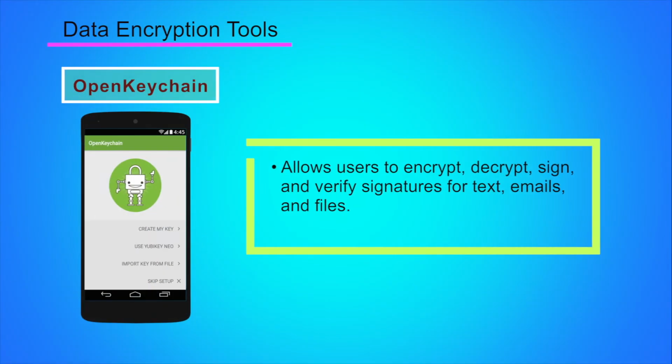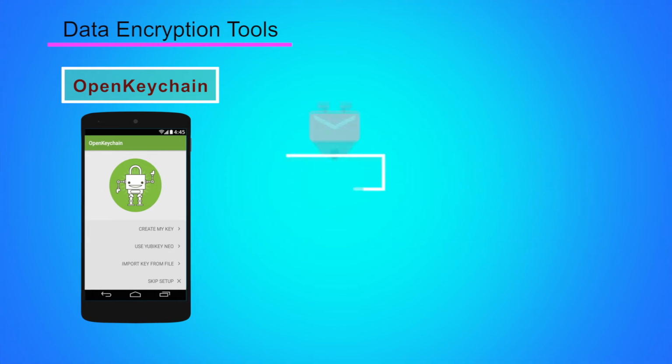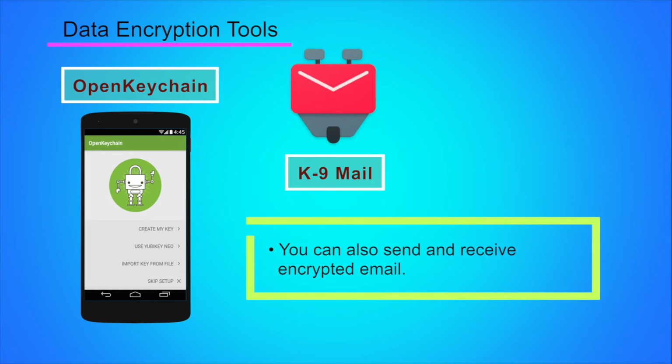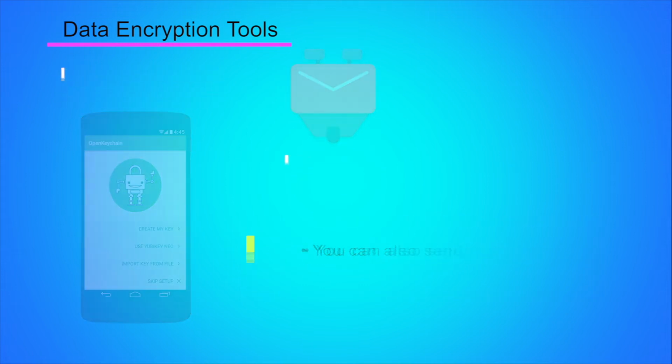Some apps encrypt their own data, and the Open Keychain app allows you to encrypt other files. If you use it alongside K9 Mail, you can also send and receive encrypted email. Apps like these can help you protect your sensitive data, but you should still enable device encryption if possible.